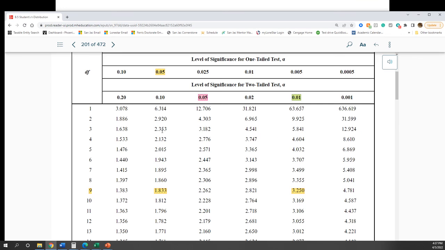I'm guessing the significance level is 0.05, since they don't give us an actual one. Typically we'll default to that one.